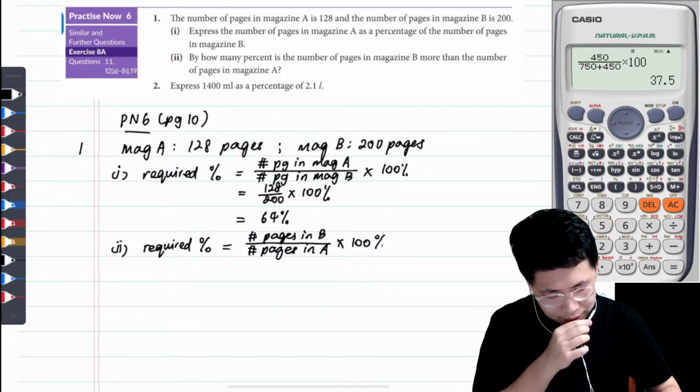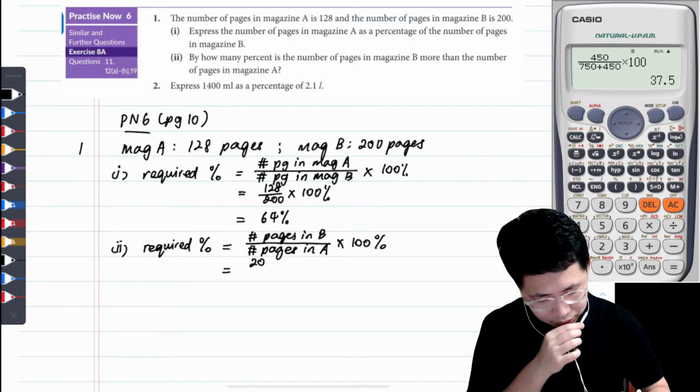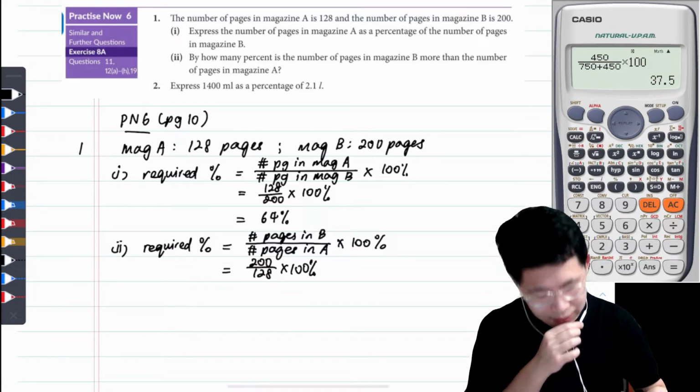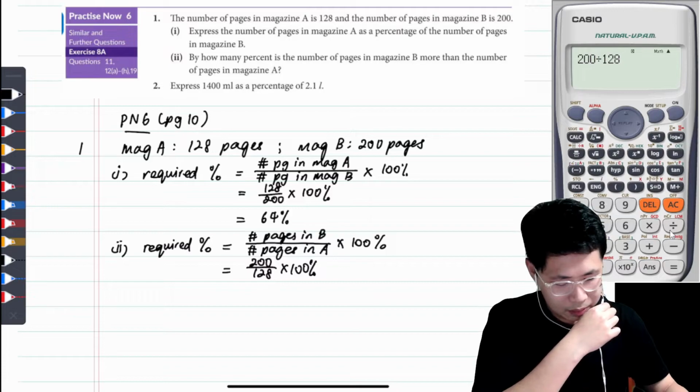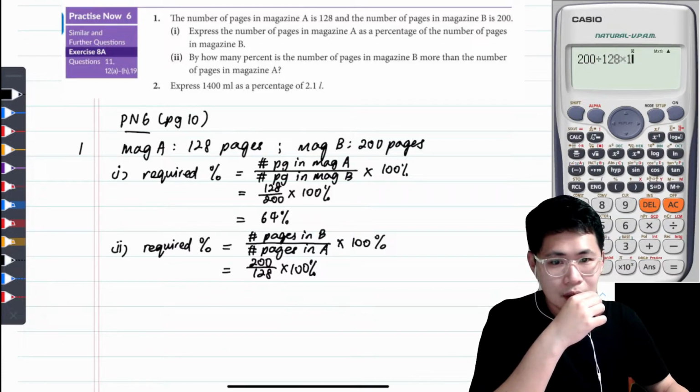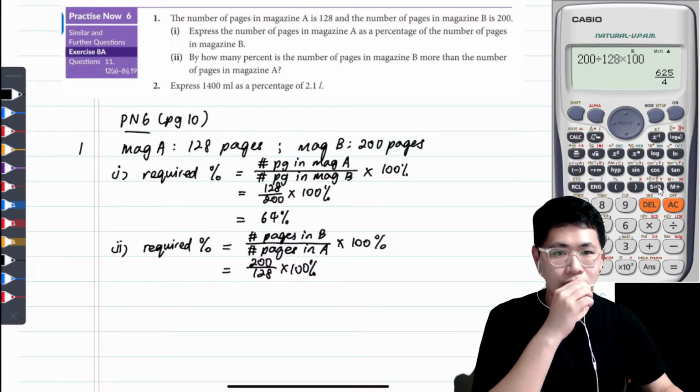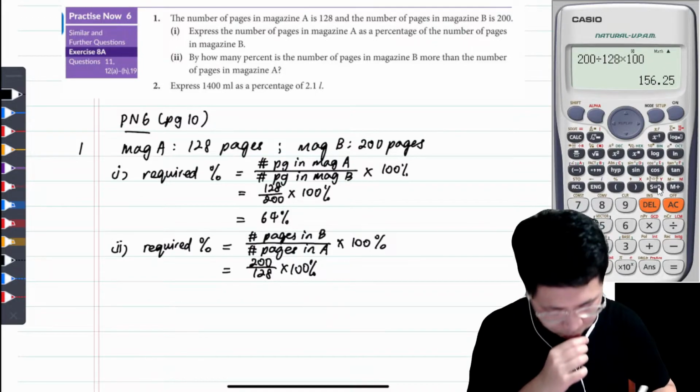Okay, so let's see how this works. So we have 200 over 128 times 100%. So 200 divided by 128 times 100%. Okay, so 156.25.